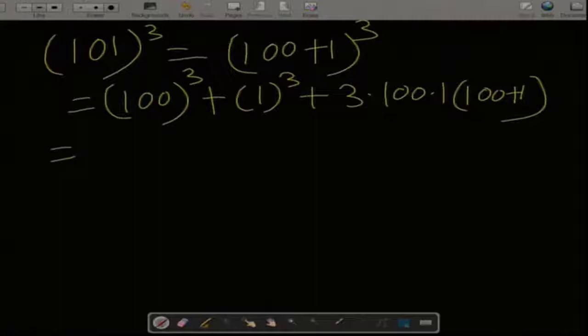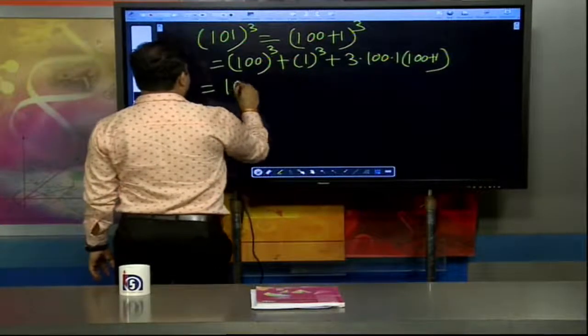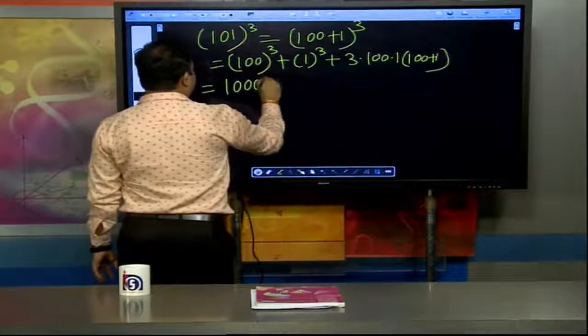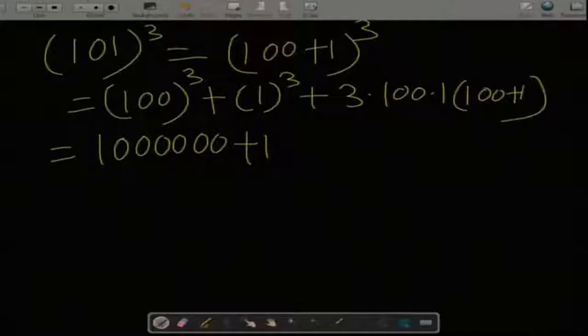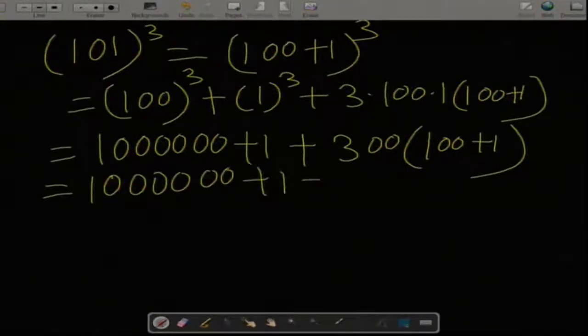You see, 100 cube gives you 1,000,000, plus 1, plus 100 into 3, that is 300 into (100 plus 1). When we simplify again, plus 300.